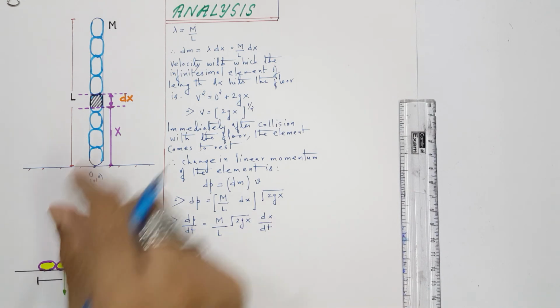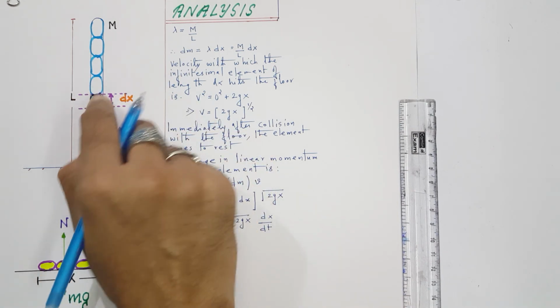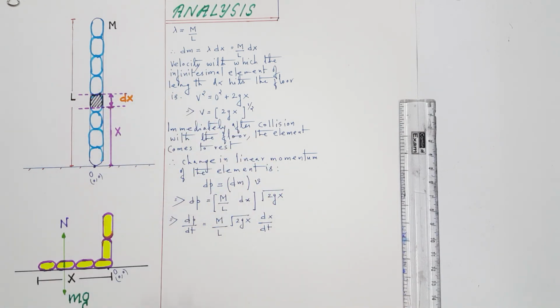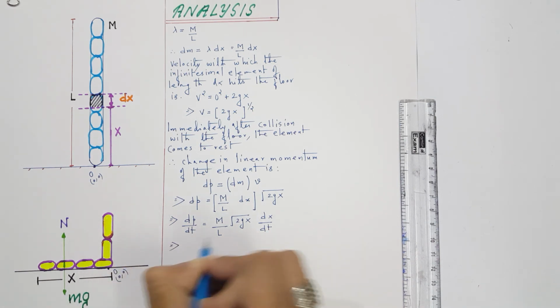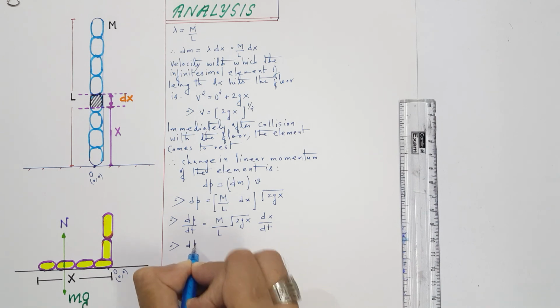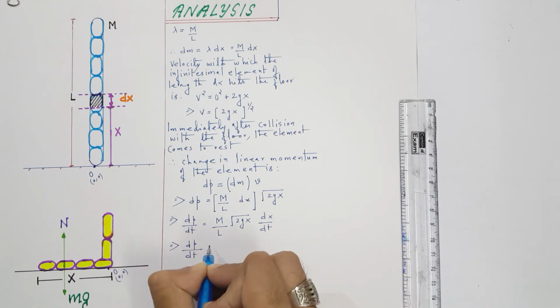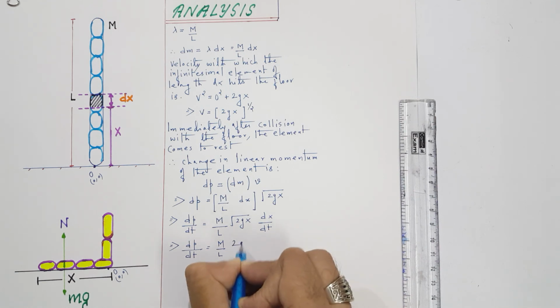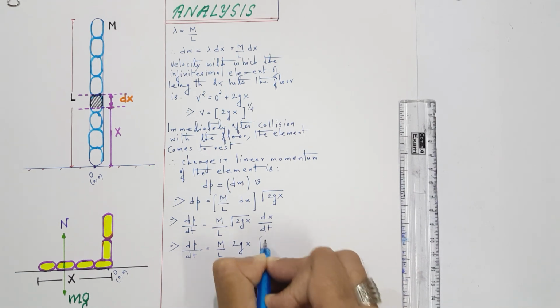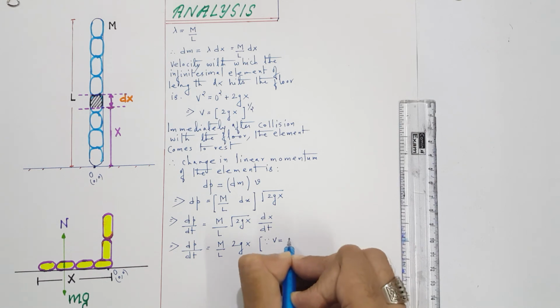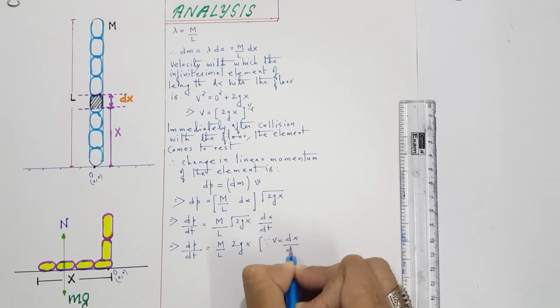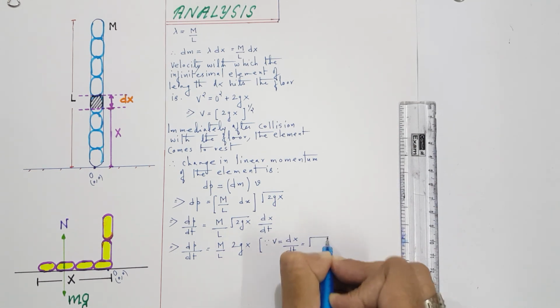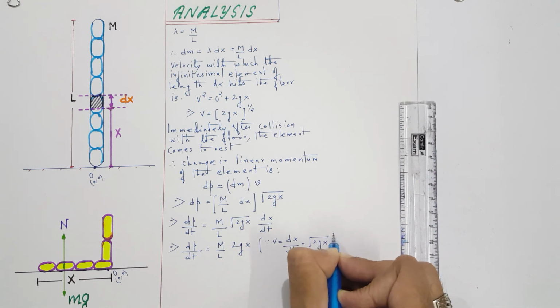And what is dx/dt? dx/dt is the velocity with which the element hits the floor, and that is nothing but root 2gx. So that gives me dp/dt equals M by L multiplied by 2gx, since v equals dx/dt equals the square root of 2gx.